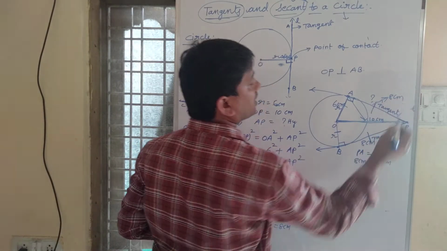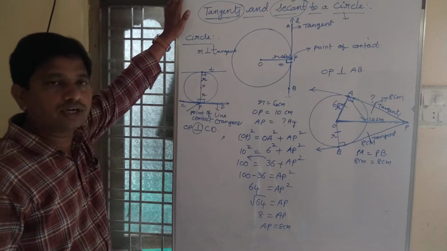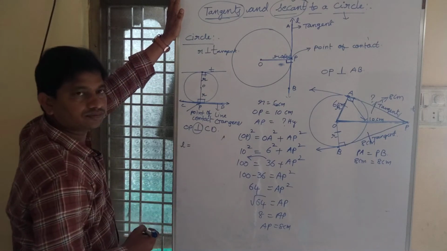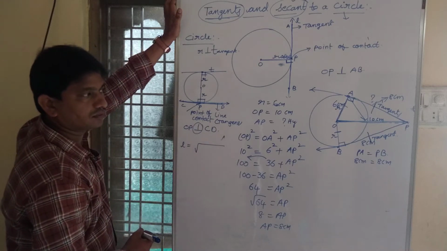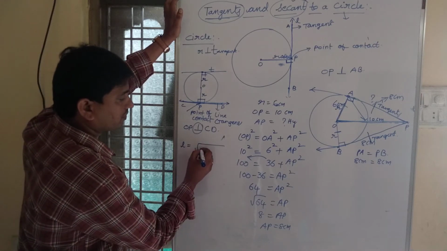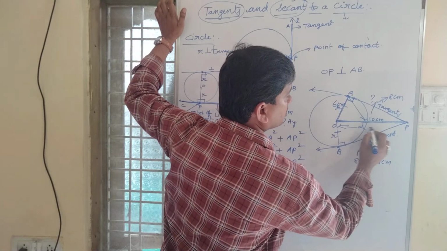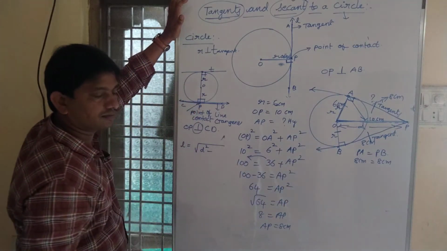Length of the tangent is 8 centimeters. Okay, how to find the length of tangents? Understood? So the length of the tangent, we can say that L is equal to the square root of d squared minus r squared. Here d is the distance, children, from the center to the point, and r is our radius, children.